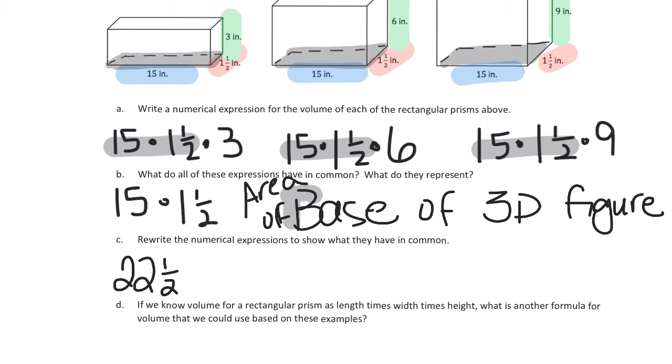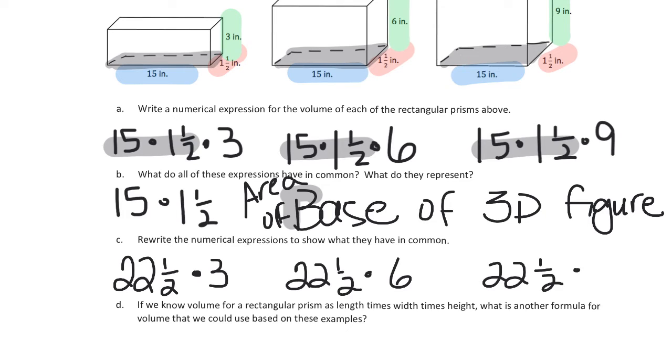And so to find the volume in the first figure, the area of the base is 22.5 inches squared, and I would multiply that times the height. And in the next one, the area of the base, 22.5 inches squared, times a height of 6. And on the last one, the area of the base, 22.5 times a height of 9.